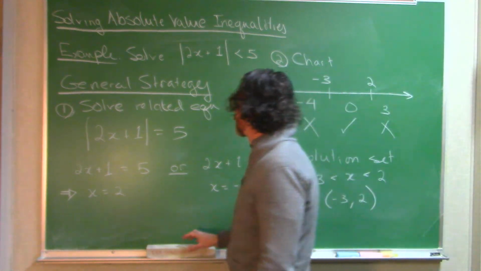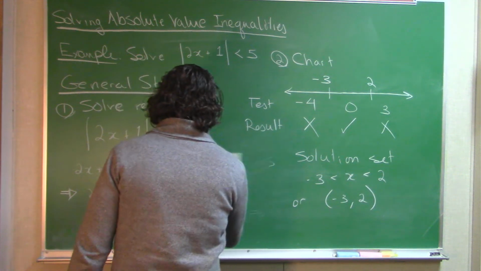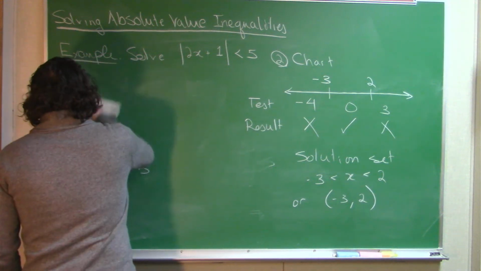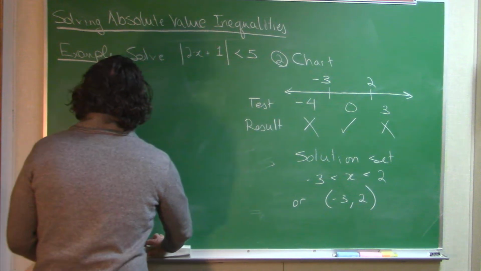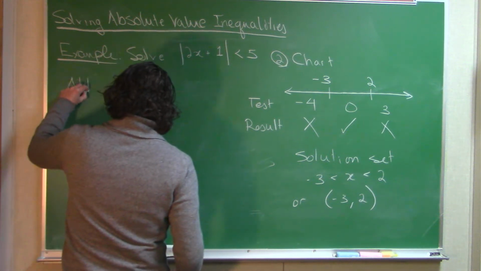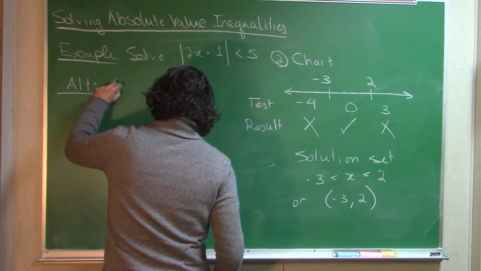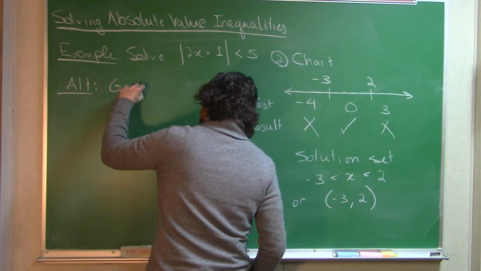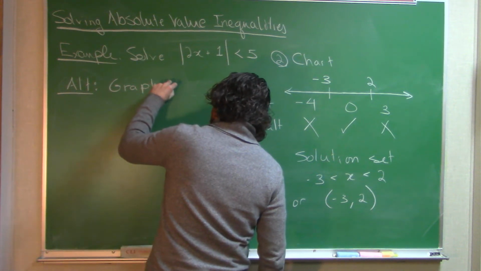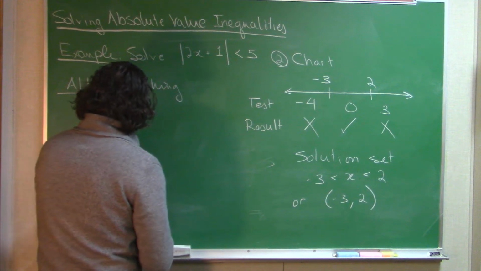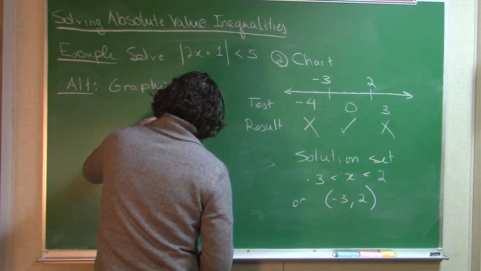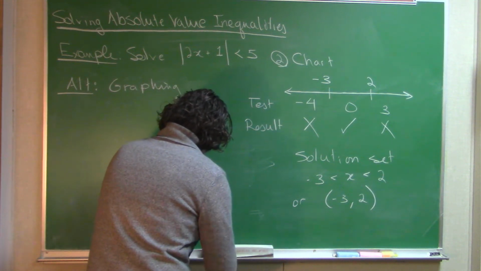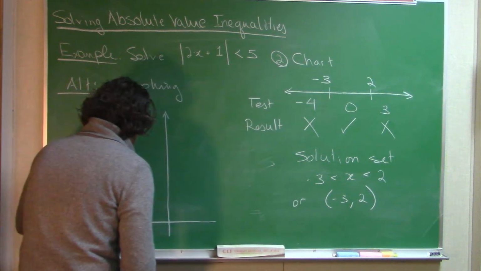I'm also going to show you another idea that can help sometimes. So we got the chart. An alternative to doing the chart is working on solving these things graphically.